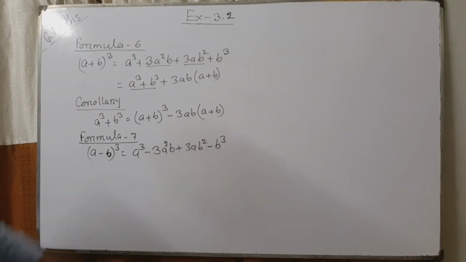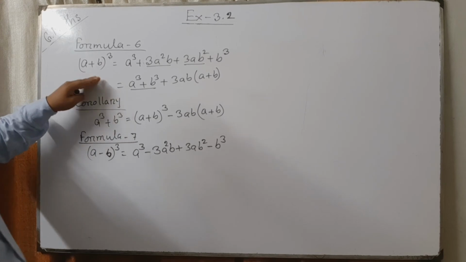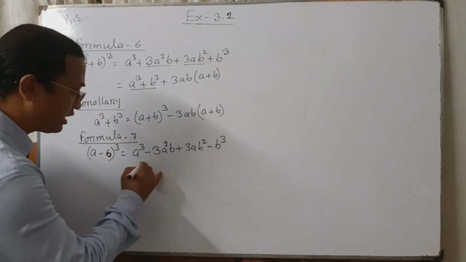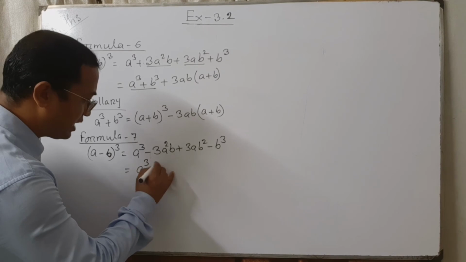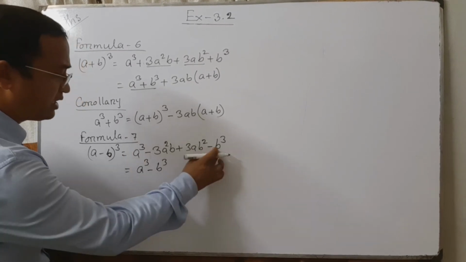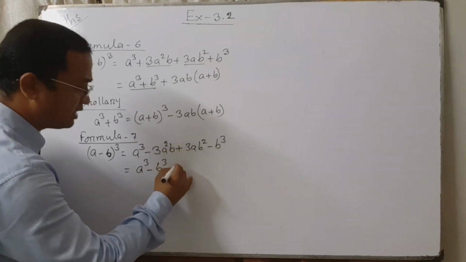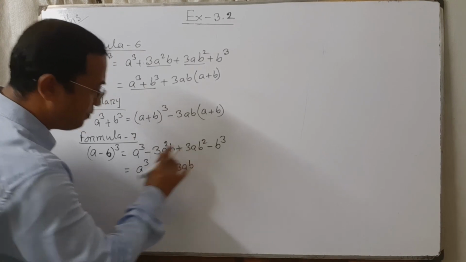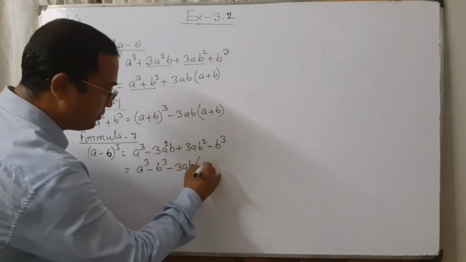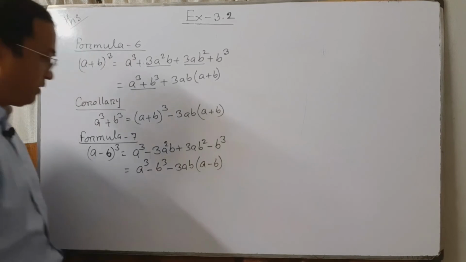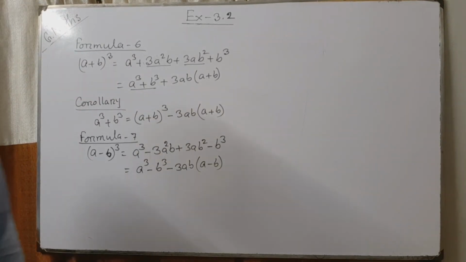Similarly to formula number 6, here also we can write like this: a cube minus b cube, and take minus 3ab common, so it becomes a minus b. This is formula number 7.